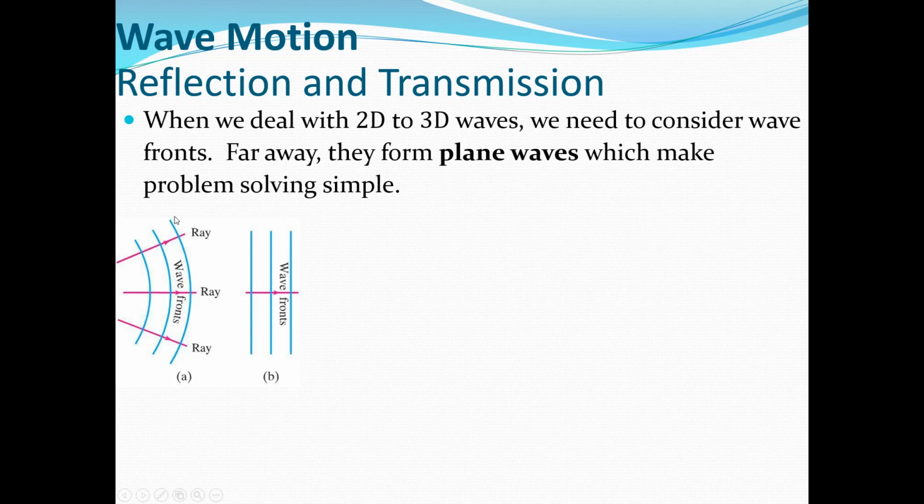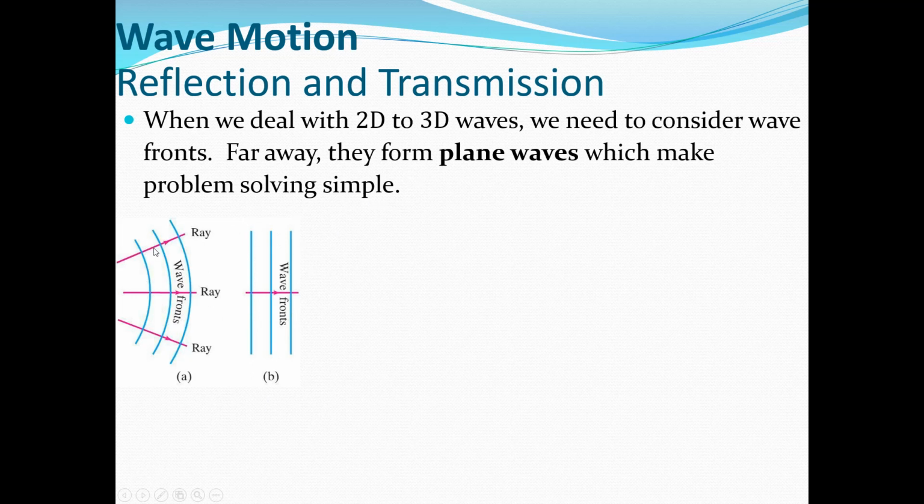When you make a wave in a pool, the ripples move out in a circular way, radially outward. As that circle gets bigger and bigger, the curve on it starts to decrease, and when you get sufficiently far away, the waves start to look like flat, parallel lines. That's what we're going to talk about.